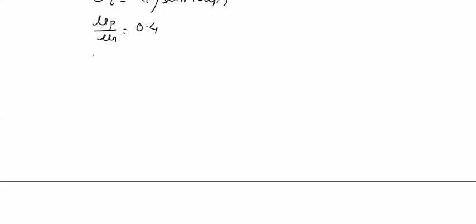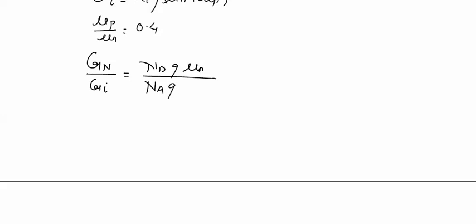Now the ratio can be found out as Gn upon Gi is equal to Nd into Q into mu n upon Ni into Q into mu n plus mu p.